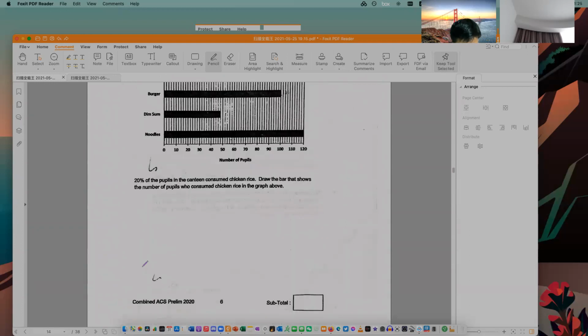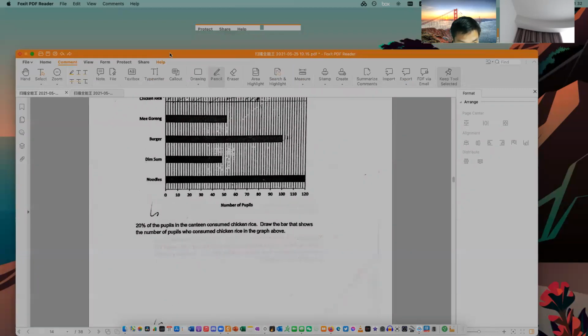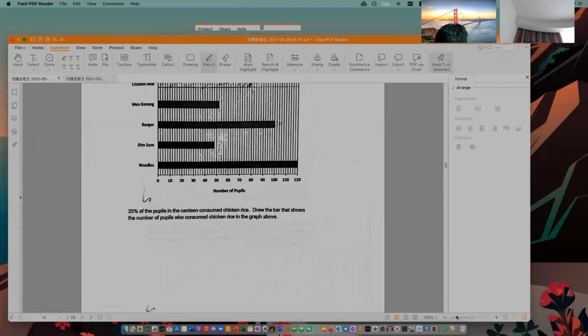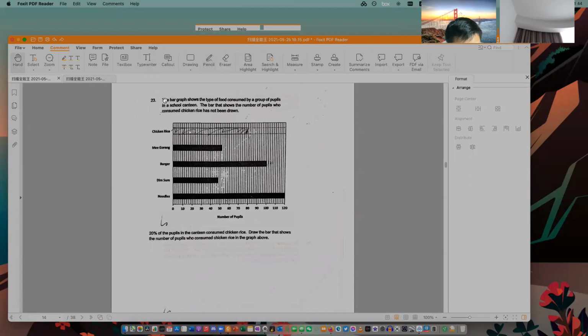This one is correct or what? This question. Don't know. What do you mean by don't know? Let me adjust it a bit. So what is this question about? So it says the bar graph shows the type of food consumed. Then the bar showing the number of pupils who consume chicken rice has not been drawn. Okay, chicken rice has not been drawn, but it says 20% of the people in the canteen consume chicken rice. So basically, you have to figure out what?